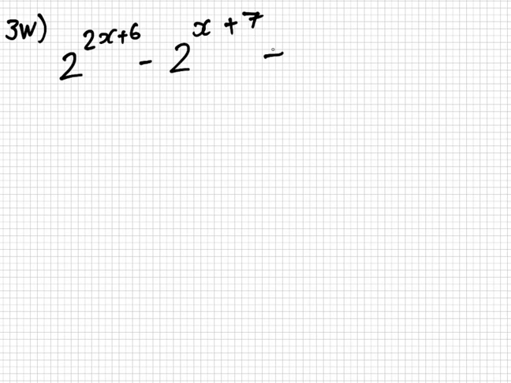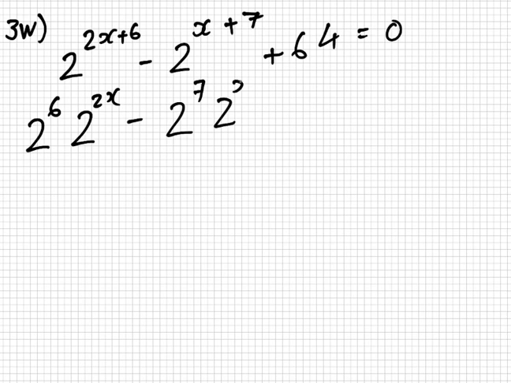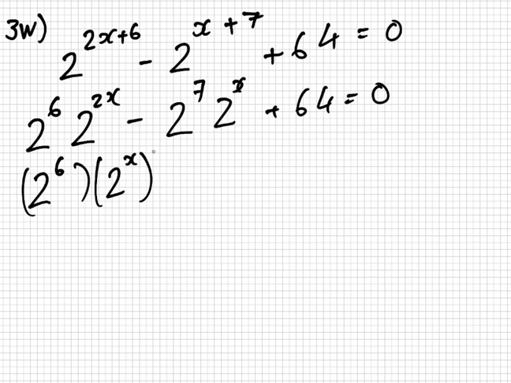Now, x plus 7 plus 64 equals 0. So, in each of these I split them. This is 2 power 6, 2 power 2x, minus 2 power 7, 2 power x, plus 64 equals 0. So this is 2 power 6, 2 power x squared, minus 2 power 7, 2 power x plus 64.